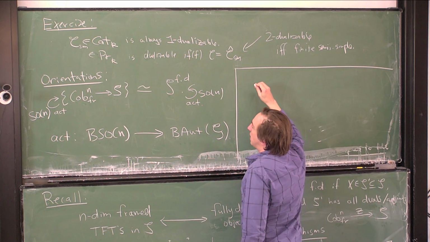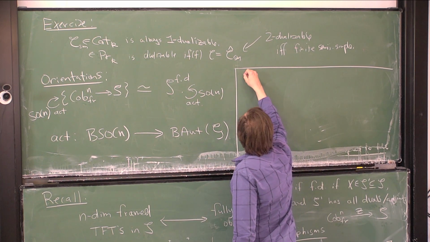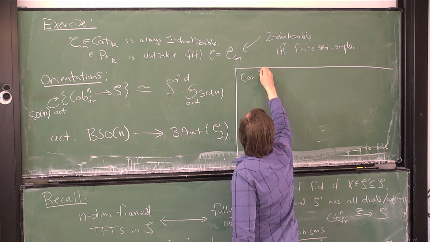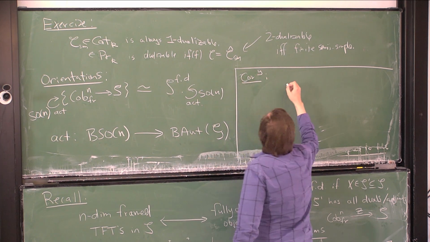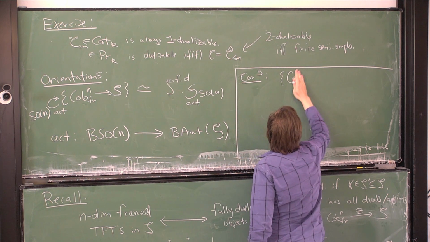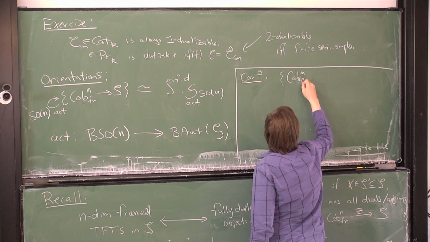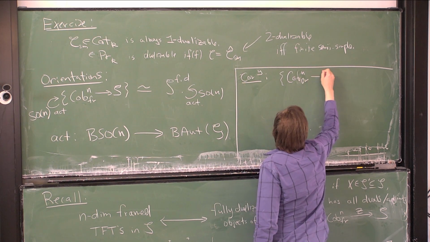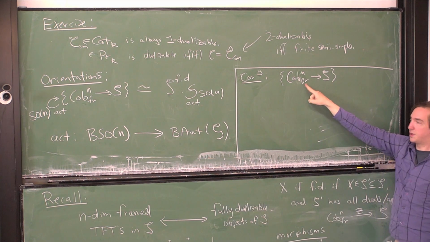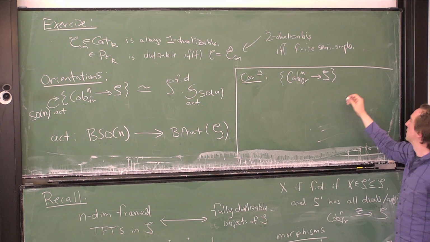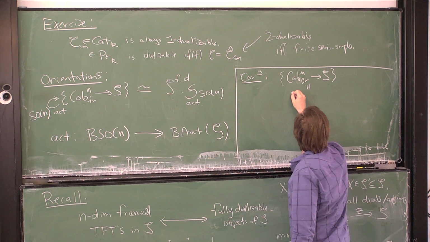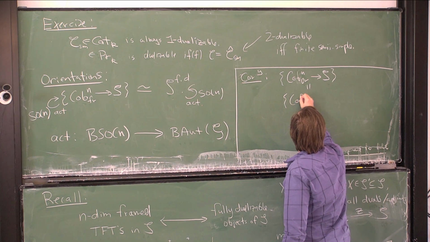And then the theorem, the corollary of the Cobordism hypothesis, is that oriented TFTs with the same target S. So these are, first of all, by definition, this is framed ones.